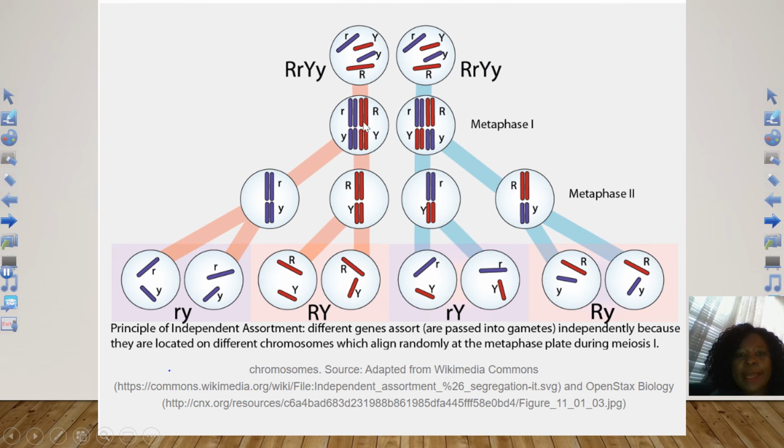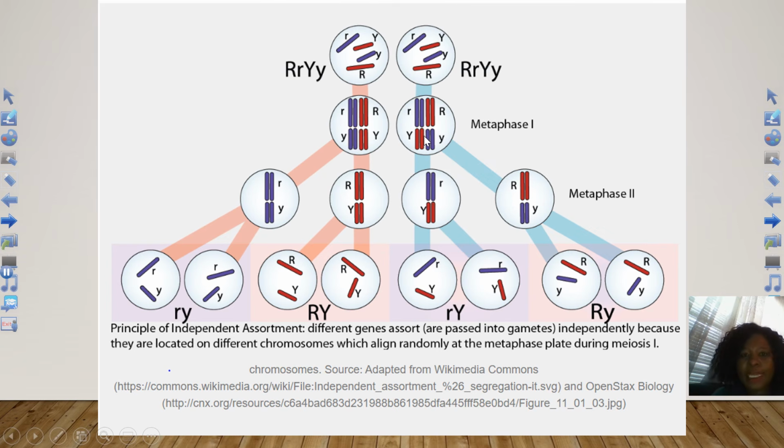But look at the arrangement of the homologous chromosomes at the equator during metaphase 1. In the first cell, all the blue chromosomes have arranged on one side of the equator, whereas in the second cell, they have been mixed up. So there you've got the blue and the red one, and then here you've got the red on this side and the blue on the other side.